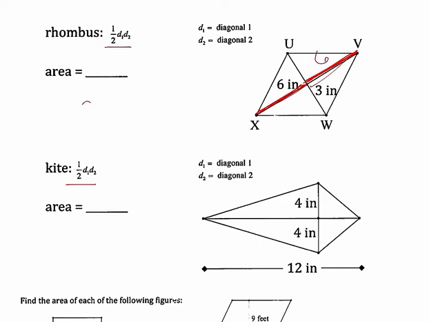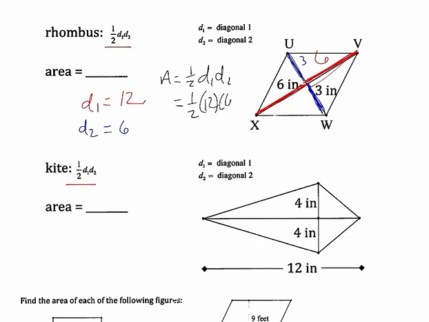So diagonal 1 in this example would be 12. The other diagonal, half of it is 3, so the other half is also 3, so that diagonal 2 is 6. And then to find the area of this, we would say the area is equal to 1/2 of those two diagonals multiplied together, or 1/2 of 12 times 6, which is equal to 1/2 of 72, which would then be 36, and this was inches squared.